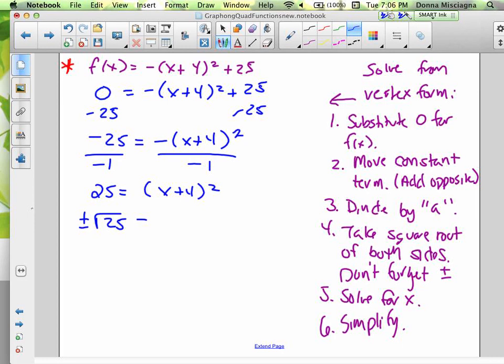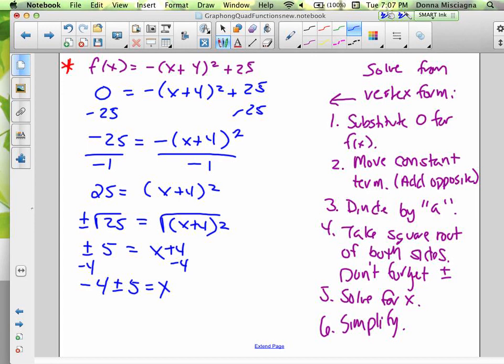The square root is just going to undo the squaring. So on the left-hand side, square root of 25, we have plus or minus 5. On the right-hand side, we're going to have now x plus 4. And so now we want to solve for x by subtracting 4 from both sides. So that's a negative 4, put that first, and plus or minus 5 equals x.